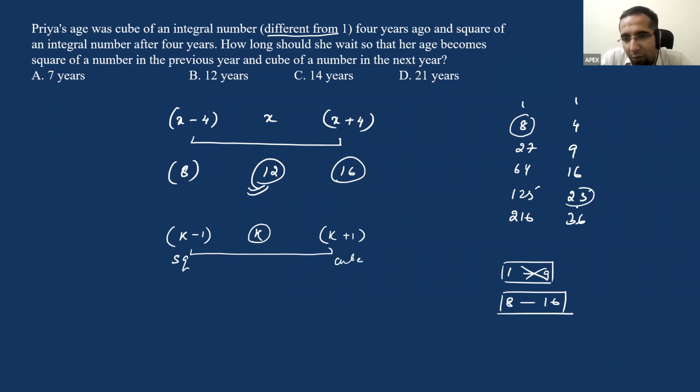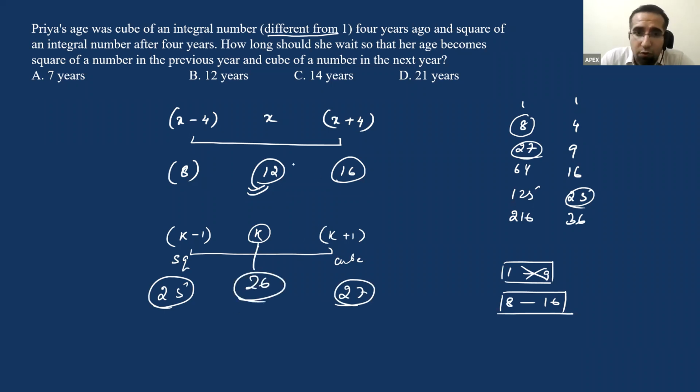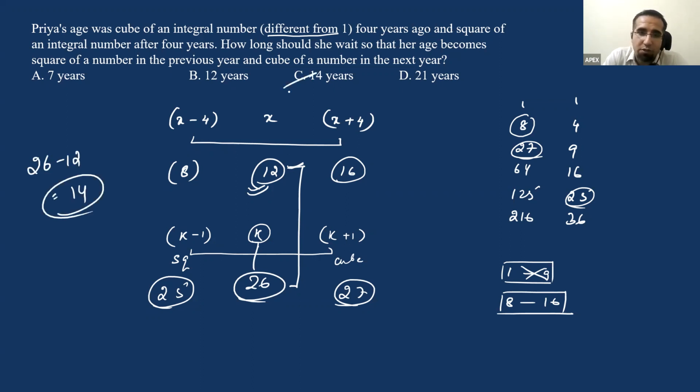So can I say 25 and 27? So she was 25. Next year she will be 27. So current age is going to be 26. So her age is 12. She should wait till when she's 26 years old. That means how long will she wait? She'll wait for 26 minus 12. That is 14 years. Therefore, option C becomes your answer.